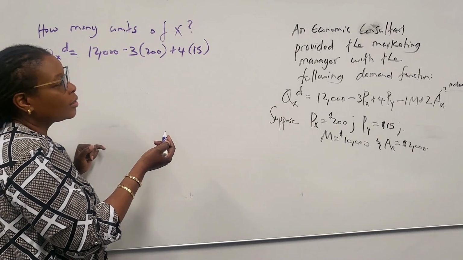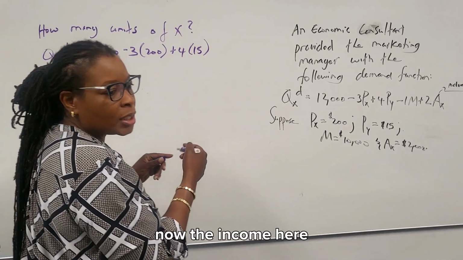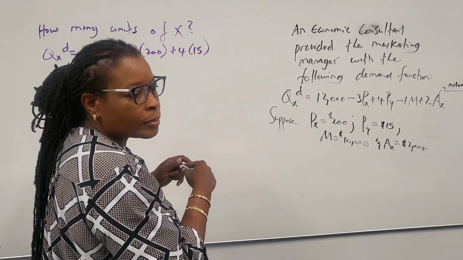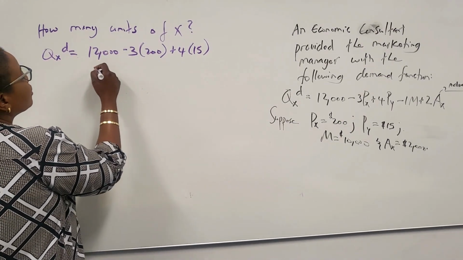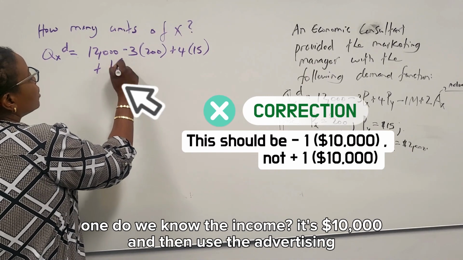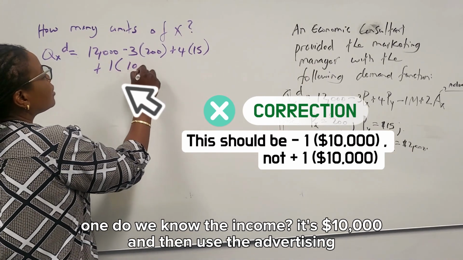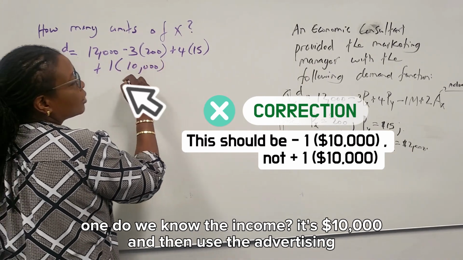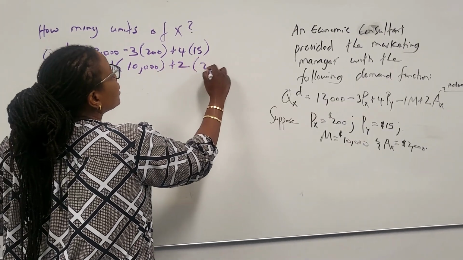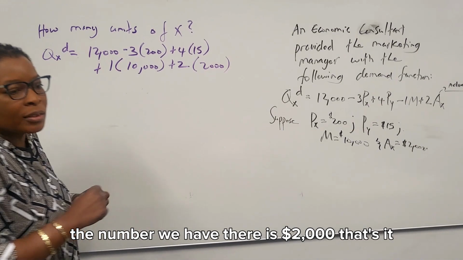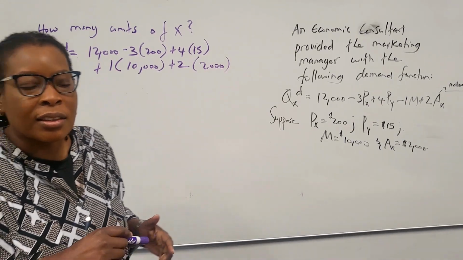Yeah? Now the income here, we have it as 1. Do we know the income? Yes, it's 10,000. And then plus 2, do we have the advertising? The number we have there is 2,000. That's it.